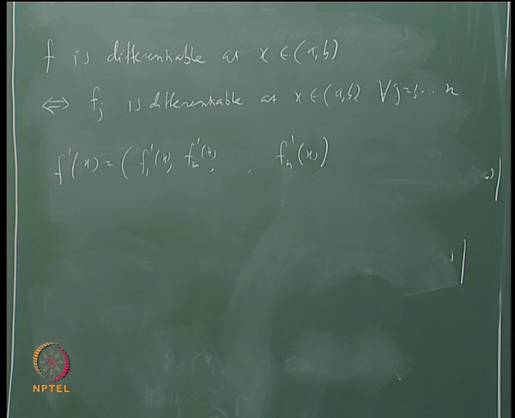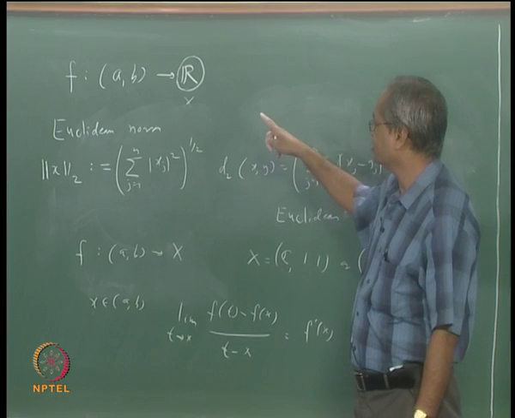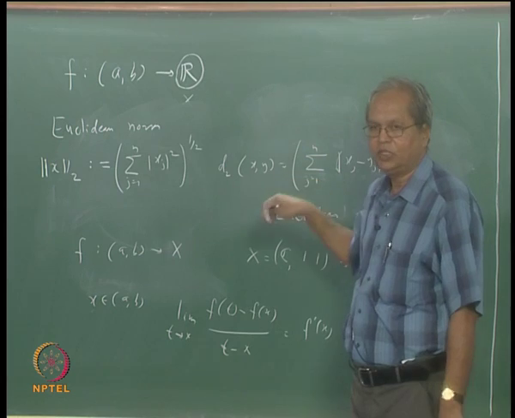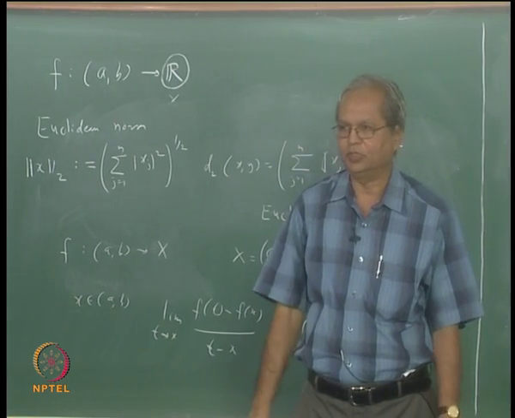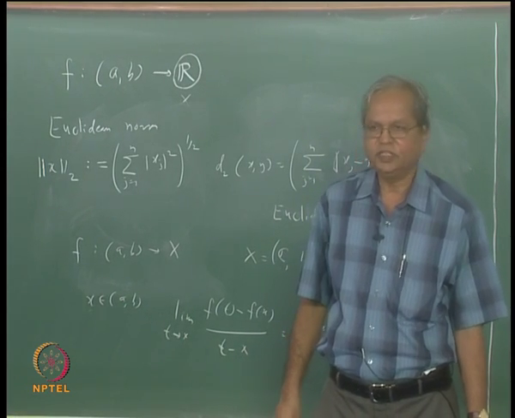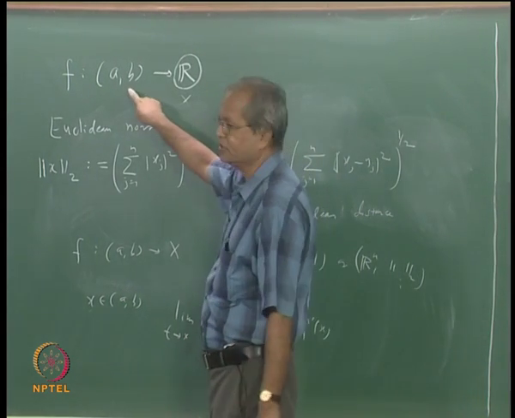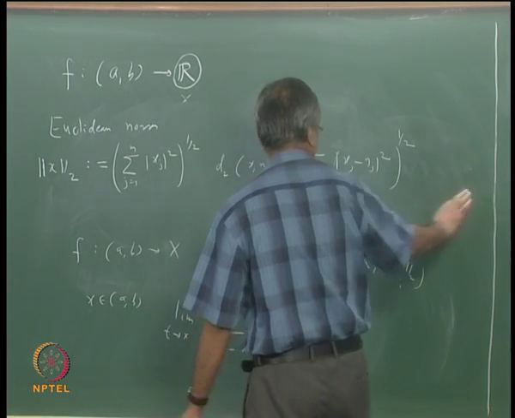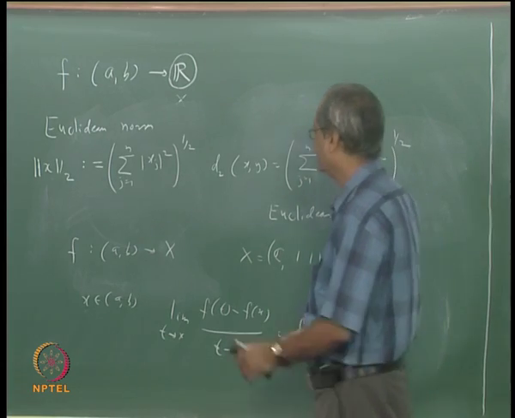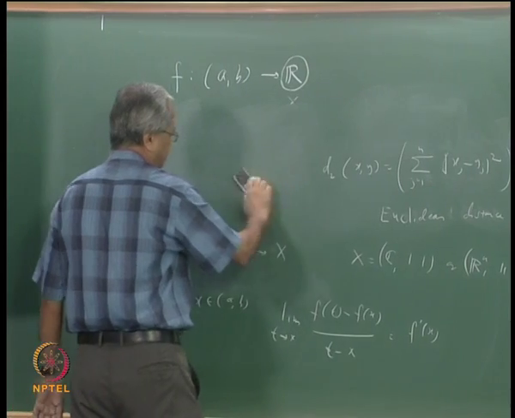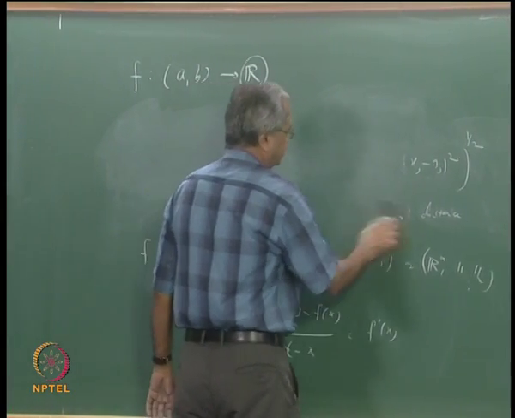Now these are the things which go through in a similar way as in the case of functions going from (a,b) to R, but you should not be under the impression that everything goes through. There are a few things which fail also. There are a few things which are true in the case of functions like f from (a,b) to R, and which are not true in functions of this type. And one of the most important such properties is the mean value theorem.